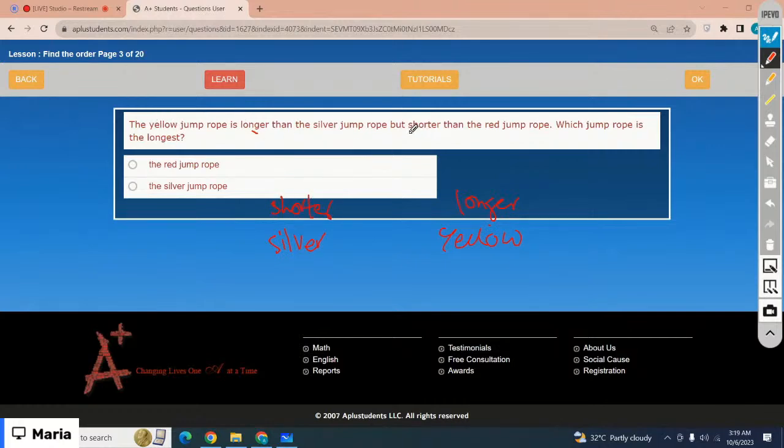The yellow jump rope is shorter than the red jump rope. That means here is the red one. That is the longest one of all. The question is, which jump rope is the longest one? Which is the correct option?